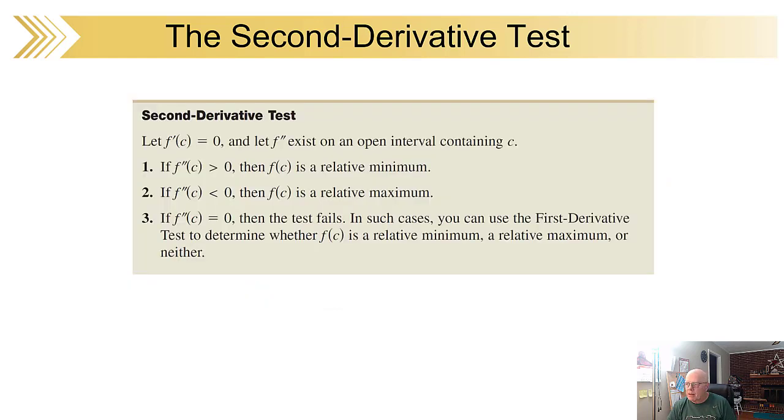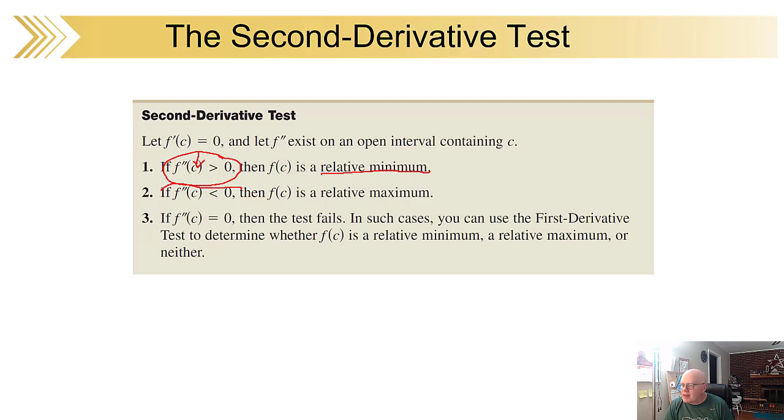So here's something you also want to add to your notes. If the first derivative is 0, let the second derivative exist on the open interval containing c. Then if the second derivative is positive, you have a relative minimum at x equals c.